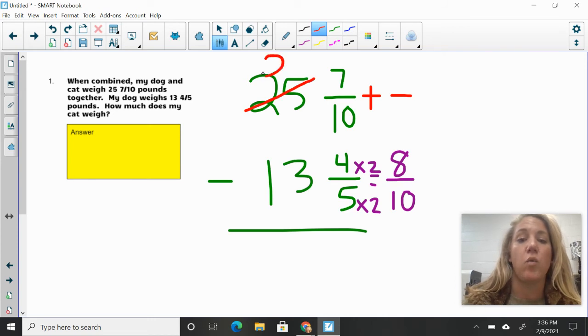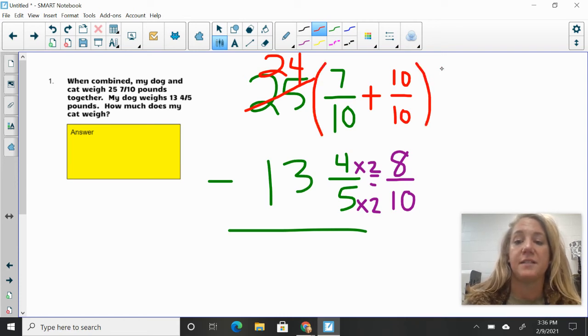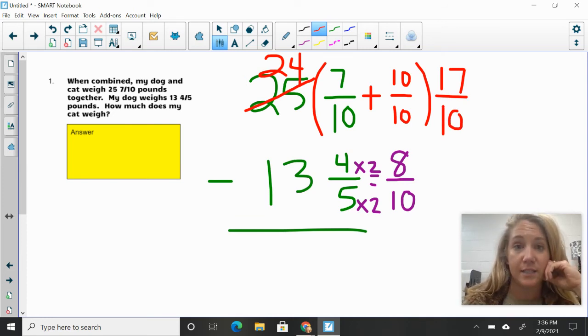So I'm taking one whole and replacing it with one whole in the form of 10/10. And so now I have a total of 17/10 up at the top. So I have 24 and 17 tenths, which is equivalent to 25 and 7 tenths.